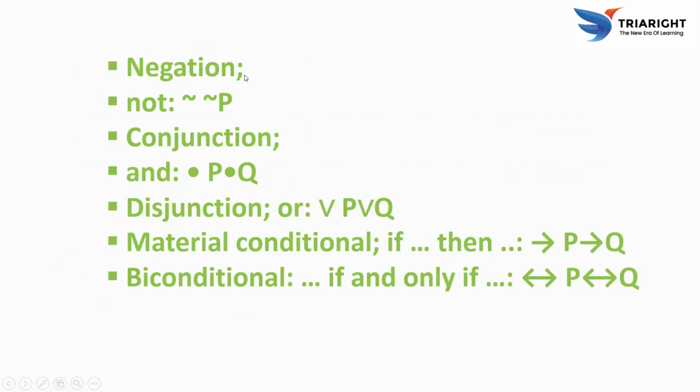So here we have negation. Negation of P is nothing but not P, which means if P is true, the negation takes the opposite truth value.